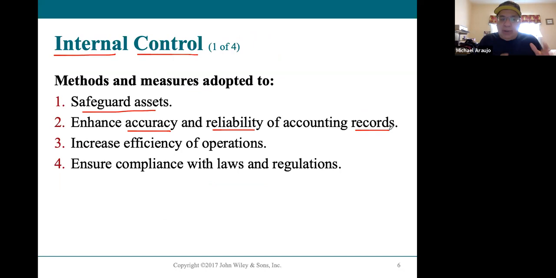If you put those in place and they're working, your books will be more accurate and things will be more reliable. You might find that by putting all these things in place, you actually become more efficient. And of course, with all these things in place, you will comply with the law, in this case, Sarbanes-Oxley.